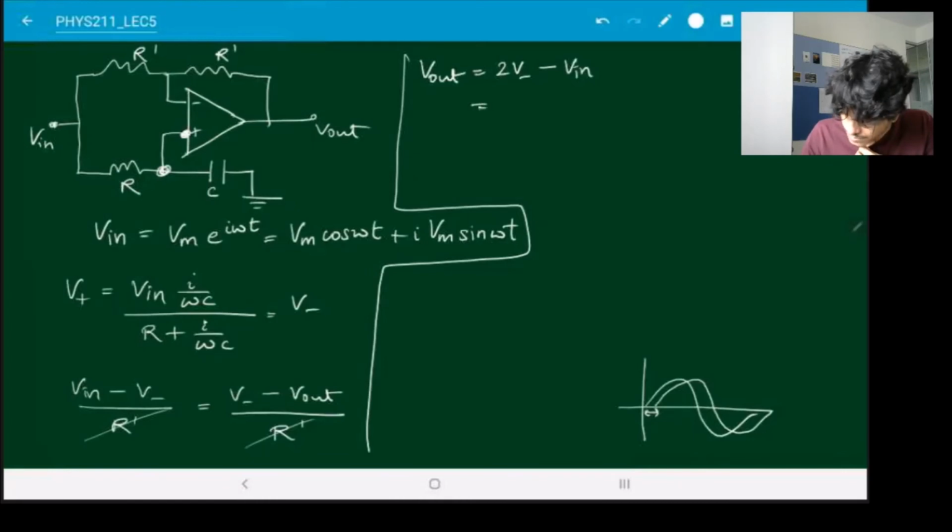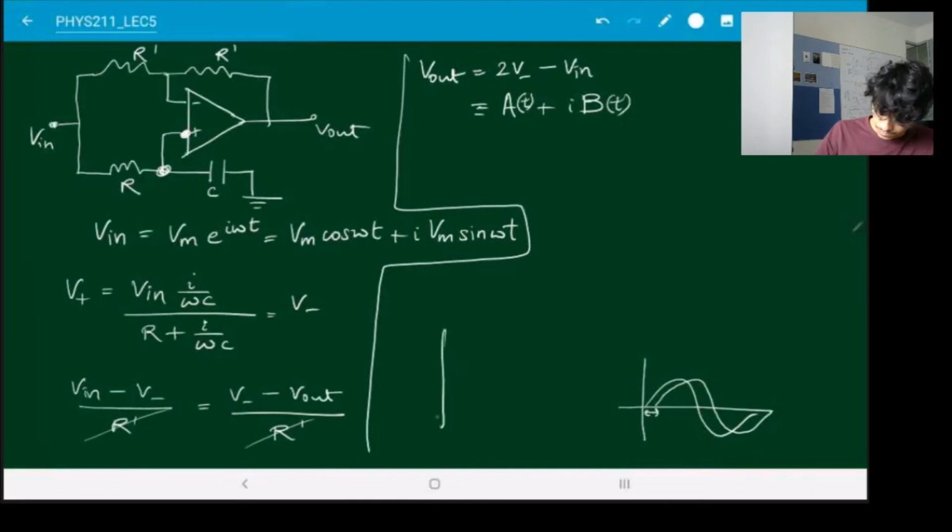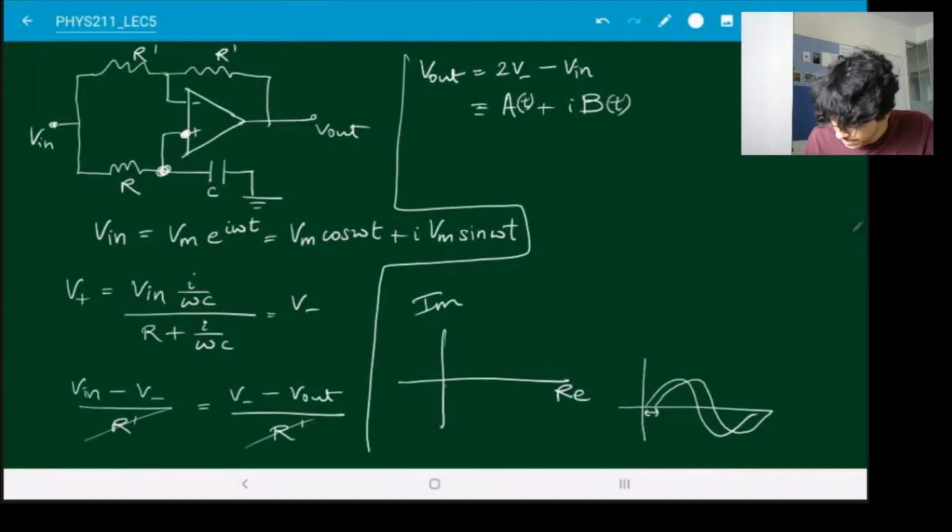So in general, this will be something like A plus iB, where A and B are both functions of time because they have sine omega t, cosine omega t, and so on. Now, if I draw the phasor diagram for this, so real axis, imaginary axis, what we are saying is that the input is given by some complex number in this plane, and the output has a different phase.